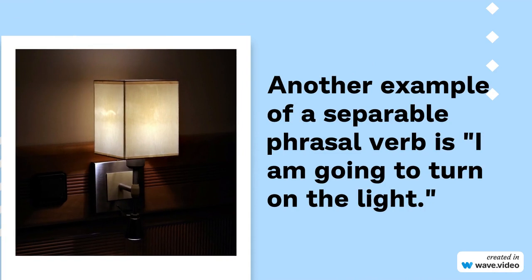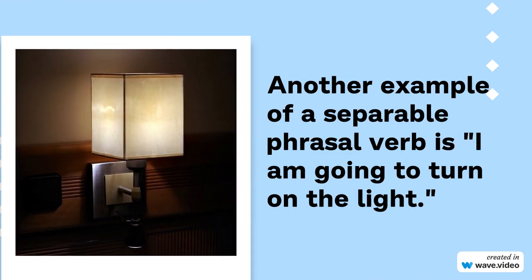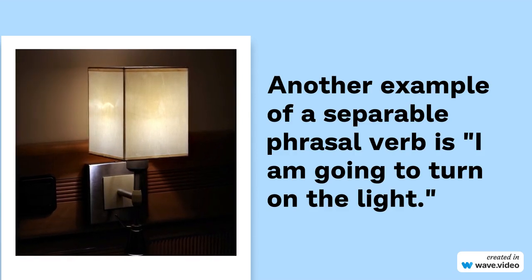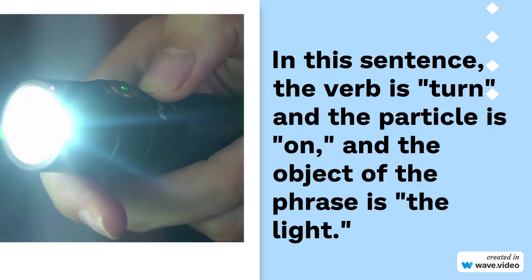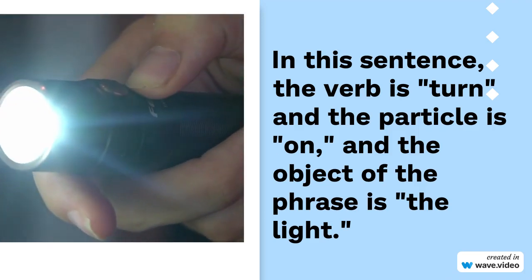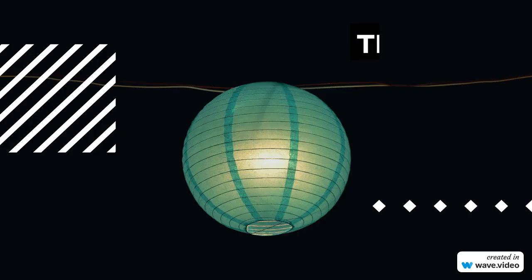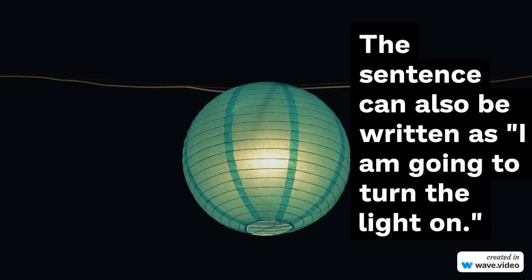Another example of a separable phrasal verb is I am going to turn on the light. Turn on. You see? In this sentence, the verb is turn and the particle is on, and the object of the phrase is the light. The sentence can also be written as I am going to turn the light on.